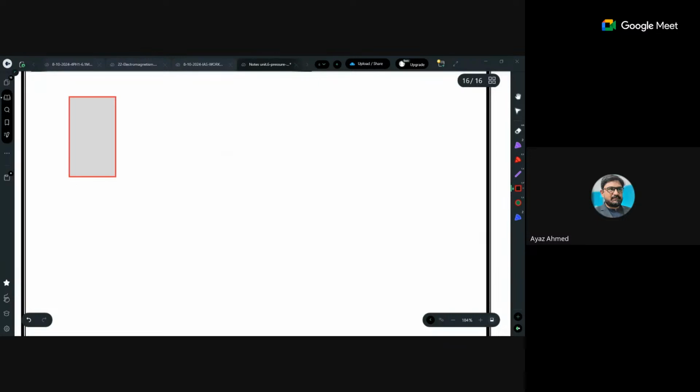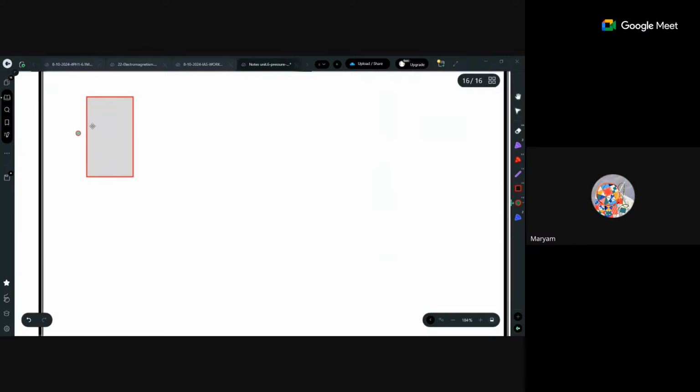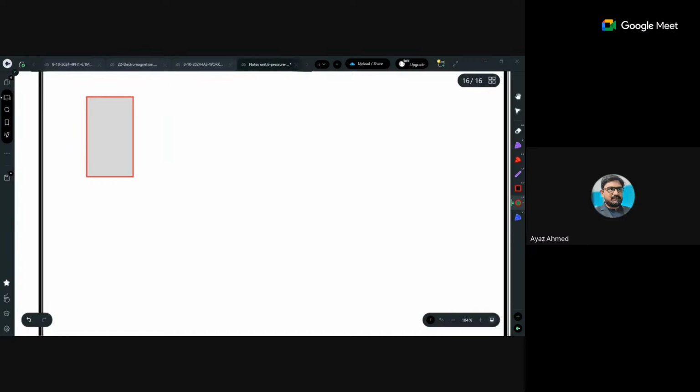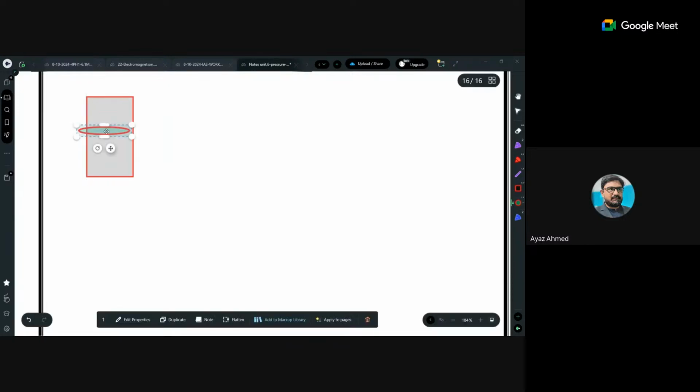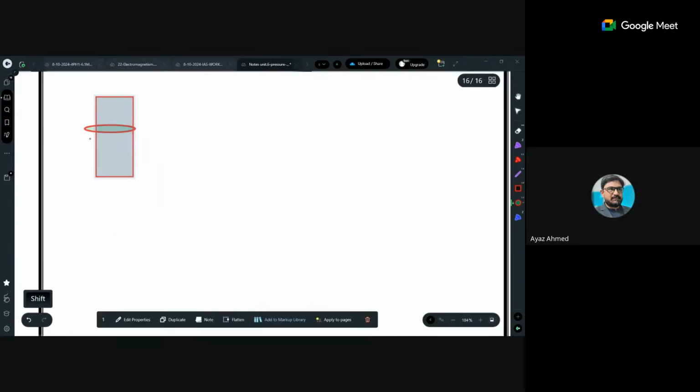If this is a container, and in that container there is a volume of the gas like this. This is the piston, just like a syringe, nothing else, right? There is a piston, and that piston is actually movable in this cylinder. Then what do you think? What will happen?